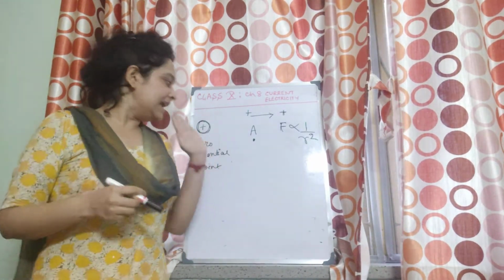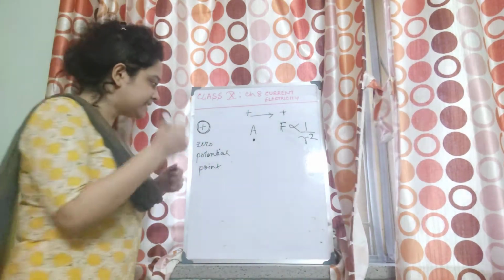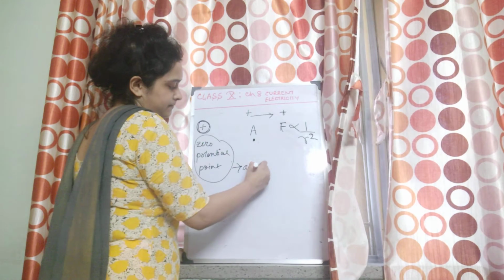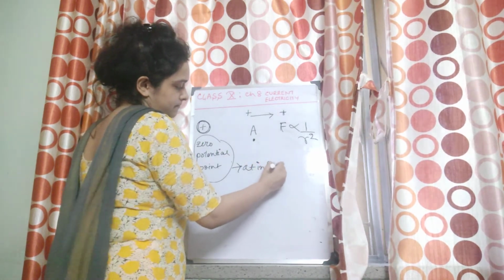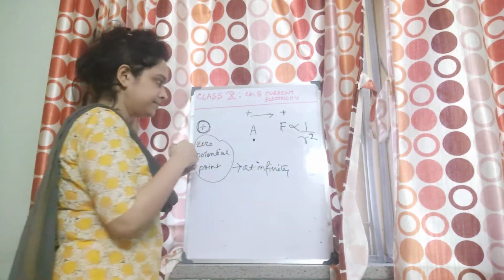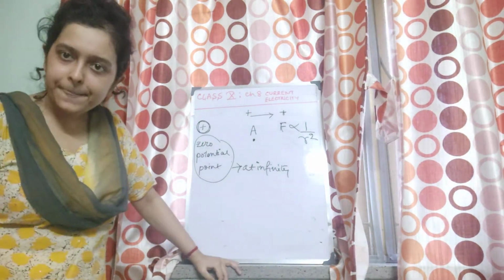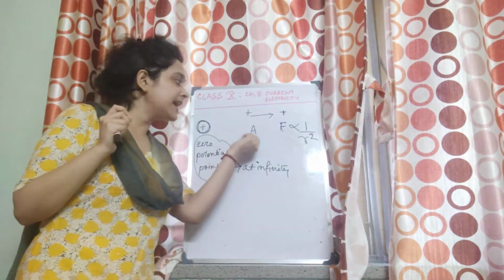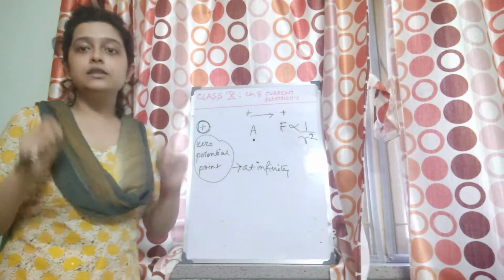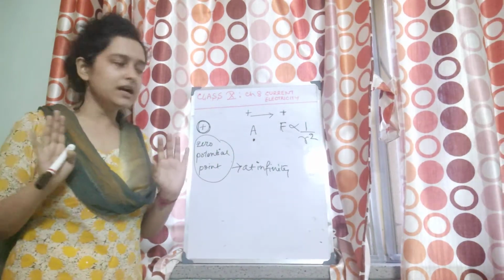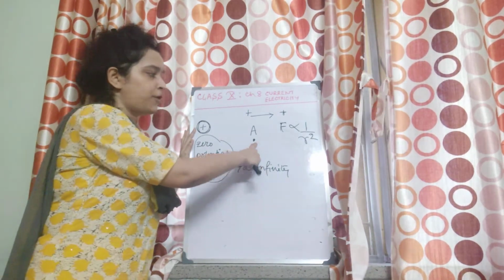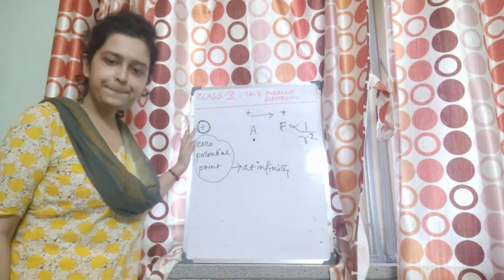So ultimately at infinity you have zero potential. So we define potential at a point as the work done in bringing a positive test charge from infinity to the point.